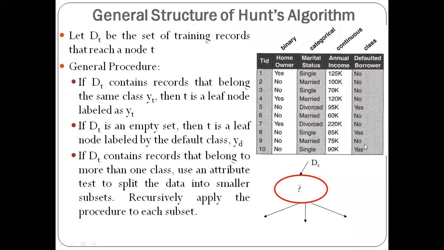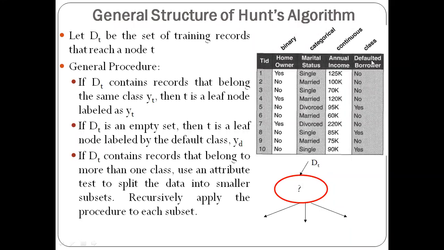So at this step, we need to choose one of the attributes as a splitting test condition in order to partition the data set. This example is about loan repayment. If a customer has paid the loan on time, the defaulted borrower is labeled as no. If he has not repaid the loan, it is indicated by yes.